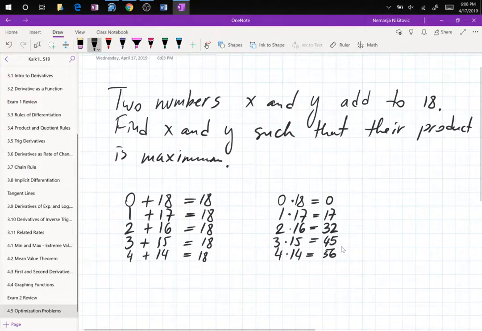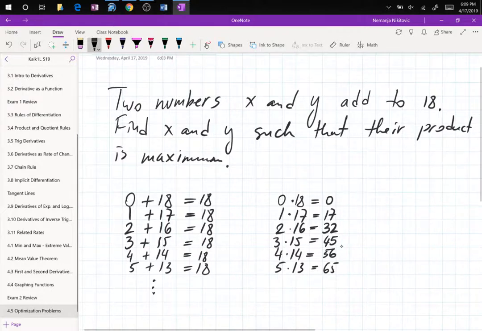Do you see that as we are trying to guess this, the values of the product are constantly going up? Now, they are going to hit the maximum at some point, because if I reverse and say 14 plus 4 is also 18, I'm going to have 14 times 4, which is 56. Actually, hold on. I need another one. So 5 plus 13 is 18. 5 times 13 is 65.